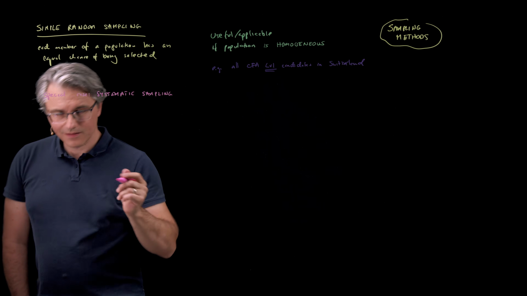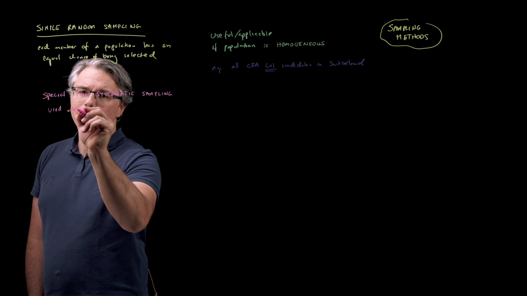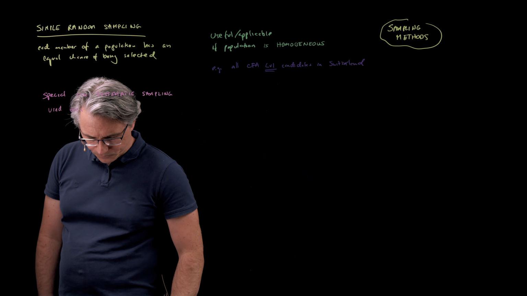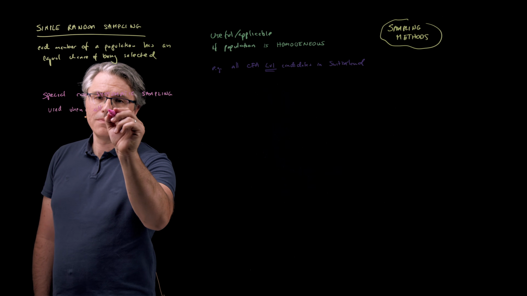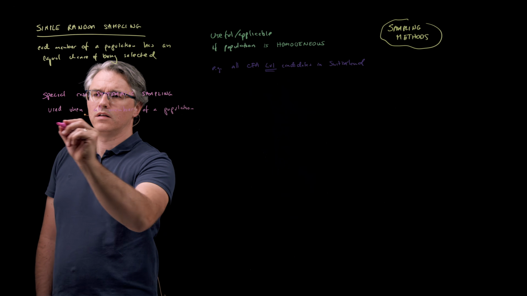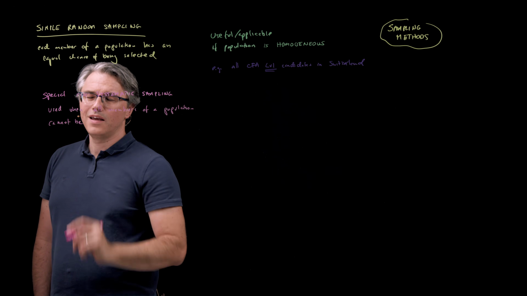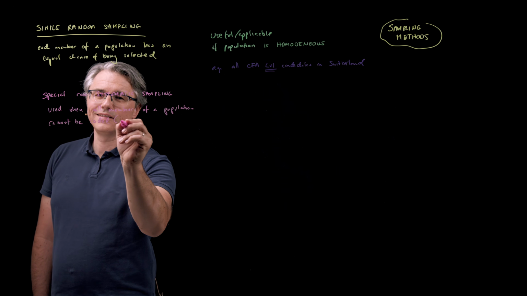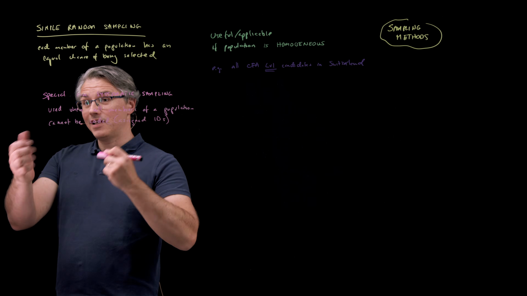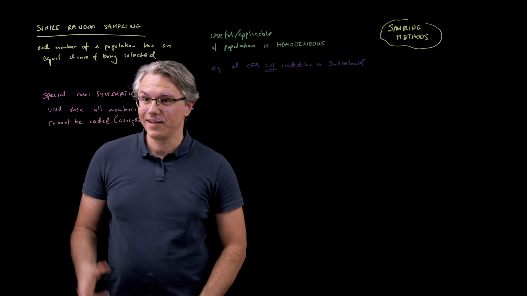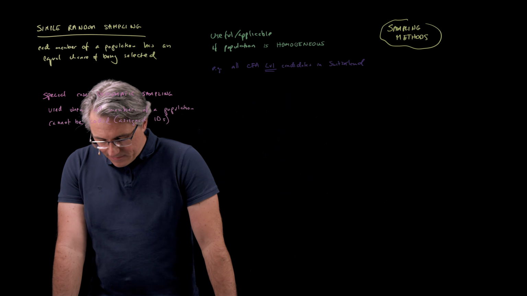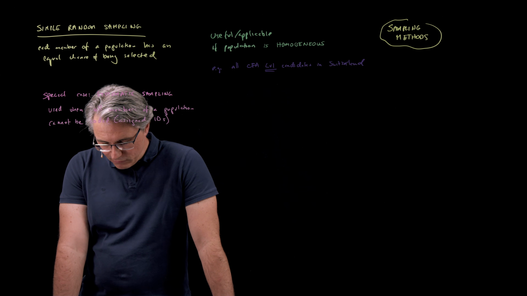It's used when all members of a population cannot be coded, i.e. assigned a number, an ID, so as to then subsequently randomly select specific IDs for inclusion in the sample. So if we can't identify them all, we can't code them.